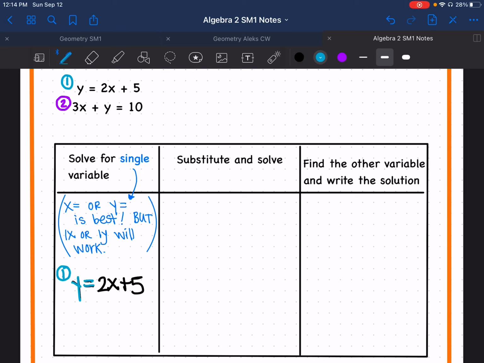There's no number in front of the y, and it's already been isolated. That is the absolute best single variable that you can get.